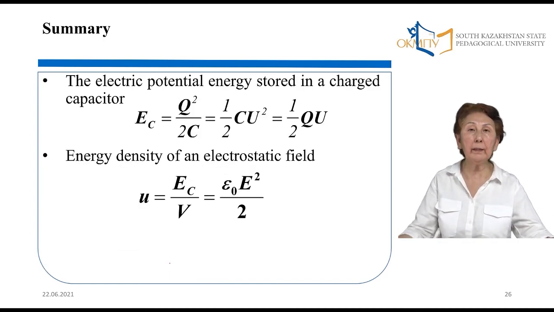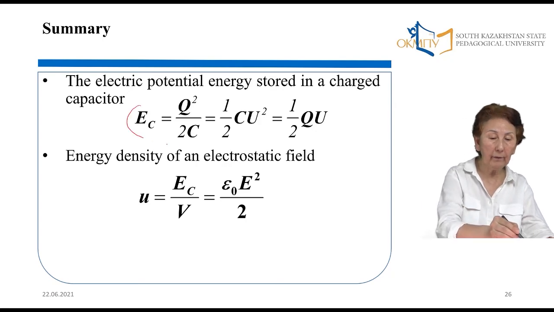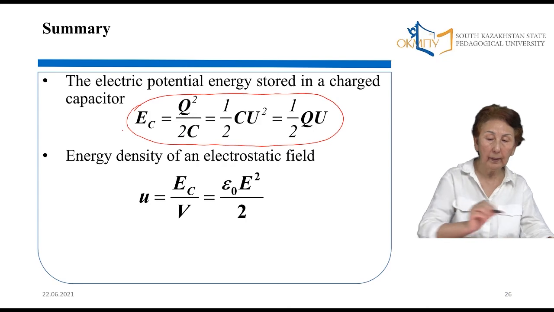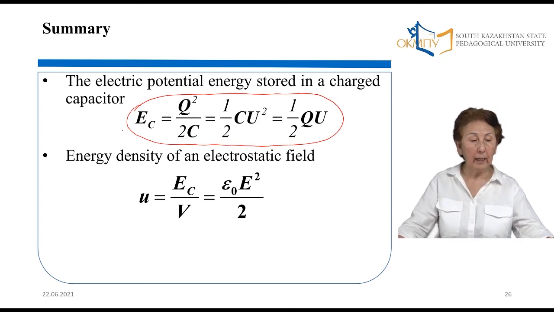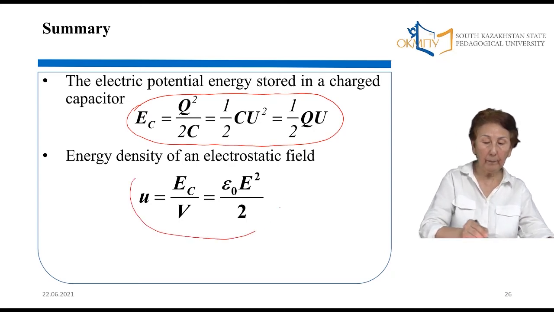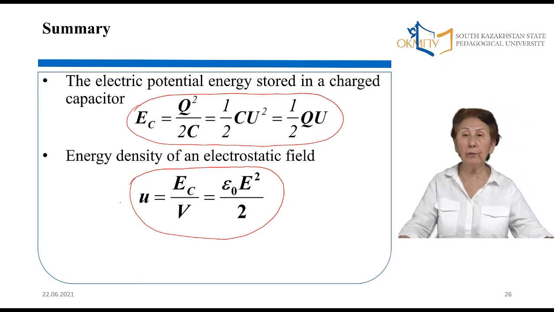So let us make the summary of our lecture. The electric potential energy stored in a charged capacitor is defined by one of these expressions. The energy density of an electrostatic field is directly proportional to the square of the electric field.